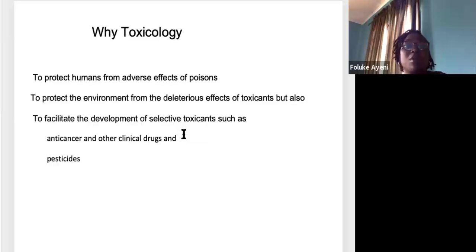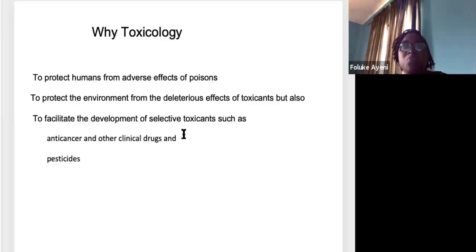There are some elements that are toxic to the cancer cells in the body, but might not be toxic to other cells in the body. So there's a selective use of toxicants to get rid of unwanted effects, either in humans, plants, or animals. So that has led to the use of some drugs.